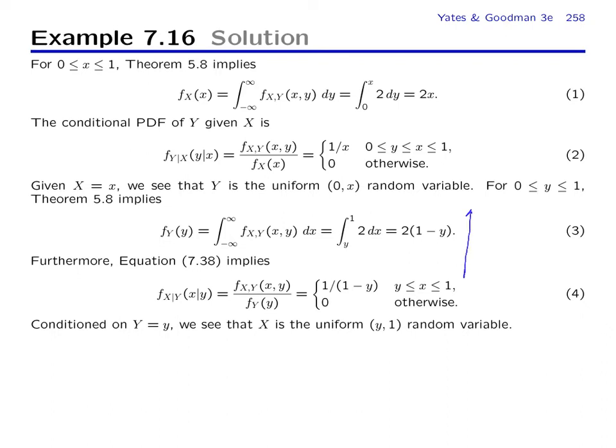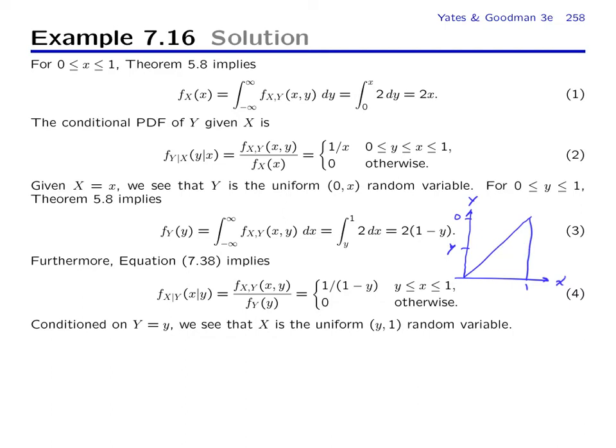Remember, we have this triangular region for x's and y's. And when we condition on a particular value of y, say here is a particular value, little y, it implies that the x's we're going to see are in this interval.